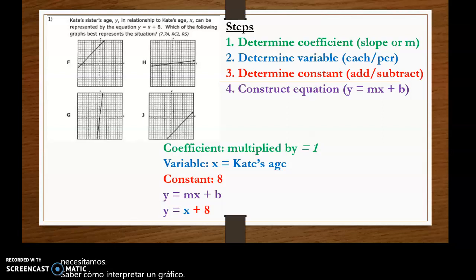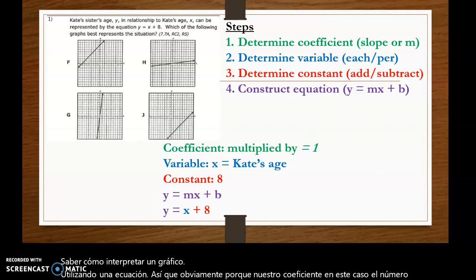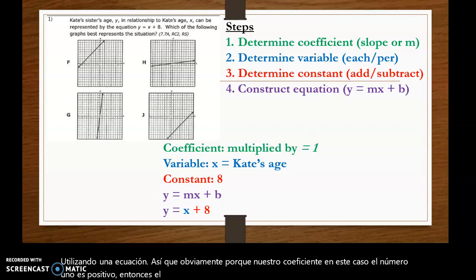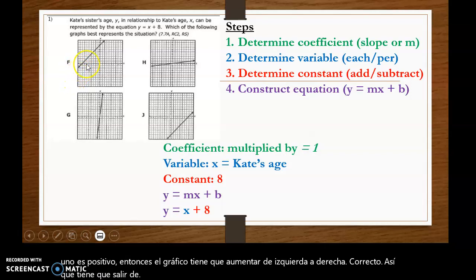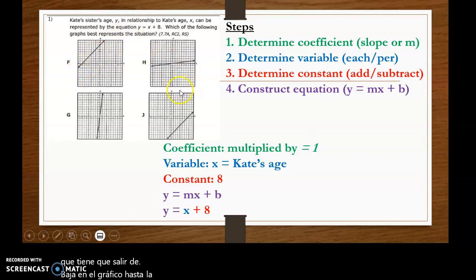Because our coefficient, in this case the number 1, is positive, the graph has to increase from left to right. So it has to go from lower in the graph to the top. All of them are positive. This is called a positivity graph.